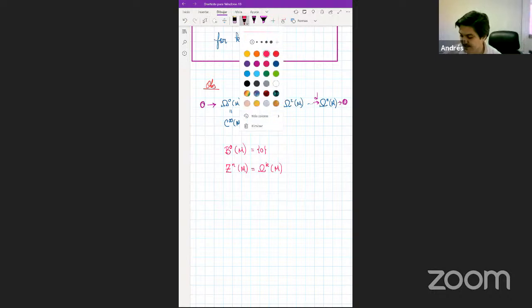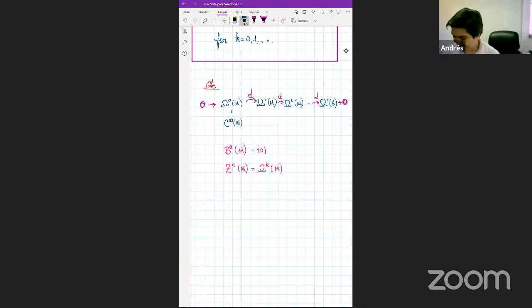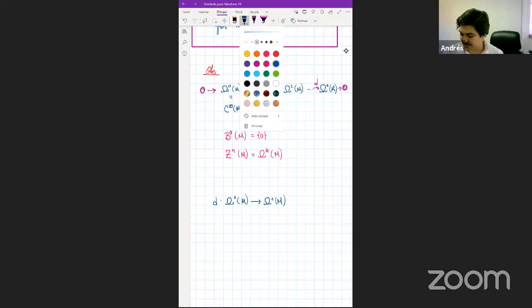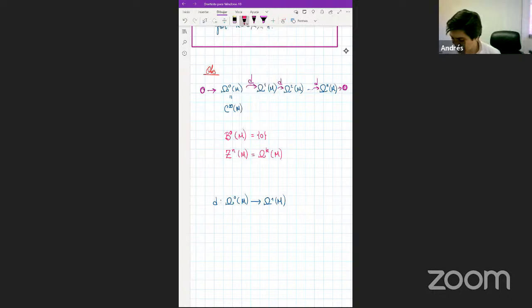And this is because of the definition of this, remember? Now, I want you to think about this because I would like to know what is the kernel of this map.